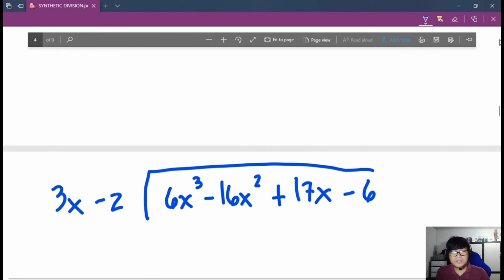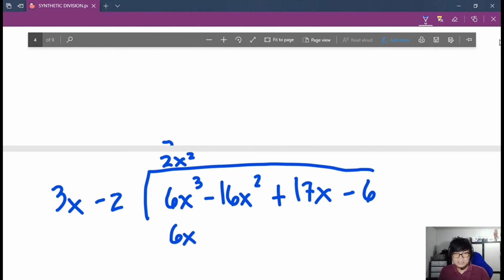Okay, so remember nyo, so 6x cubed divided by 3x, that is 2x squared. So 2x squared times 3x, that's 6x cubed. 2x squared times negative 2, that's negative 4x squared.